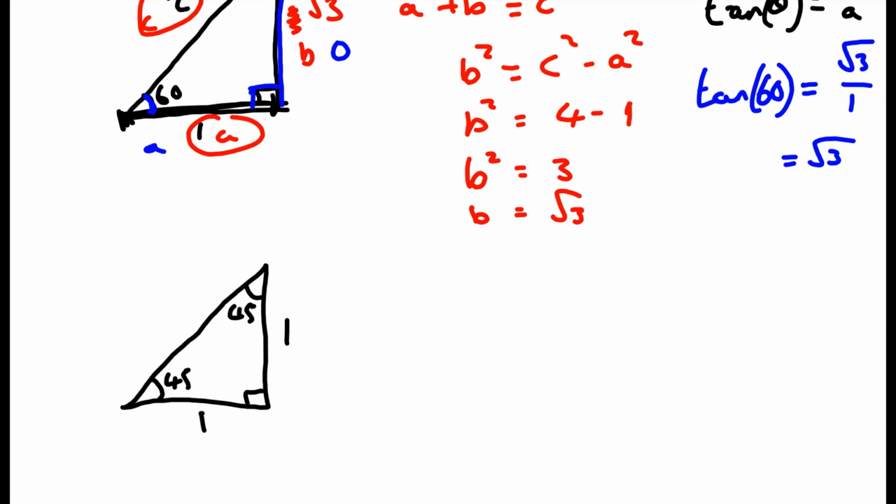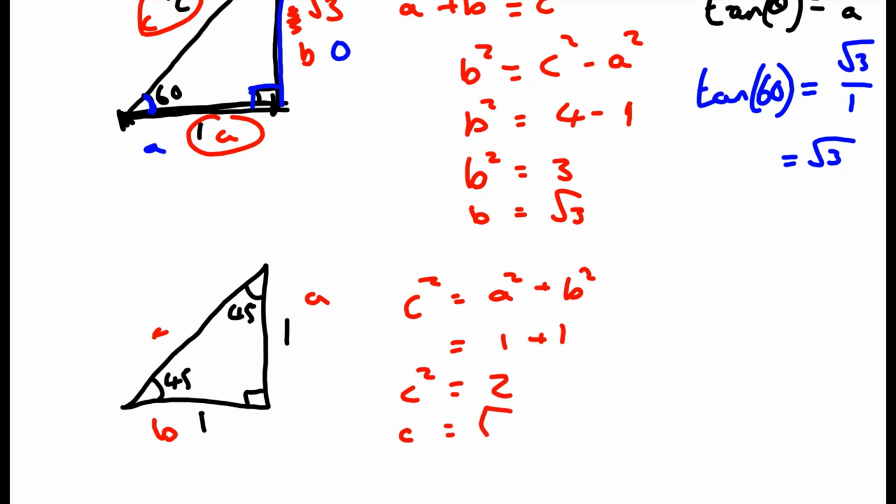If we want to work out this missing length here, we're going to do Pythagoras again. So we've got C, A, and B. So C squared equals A squared plus B squared, which equals 1 plus 1. So C squared equals 2. So C is root 2. So that length there is root 2.